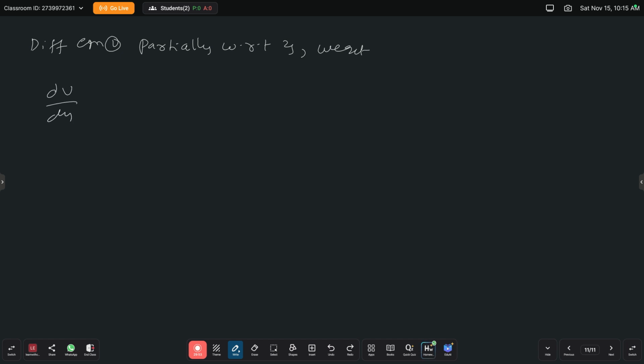Now ∂u/∂y is x square into, again, 1 by 1 plus y square by x square, derivative of tan inverse of y by x into 1 by x, minus 2y into tan inverse of x by y.